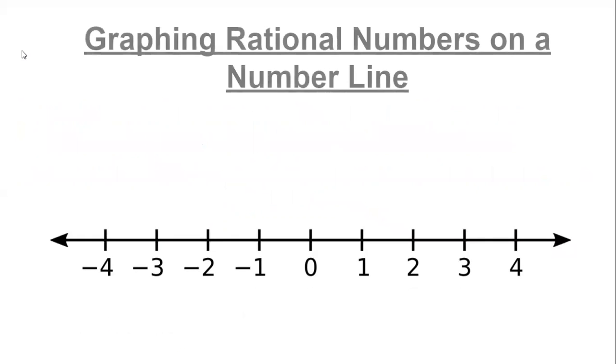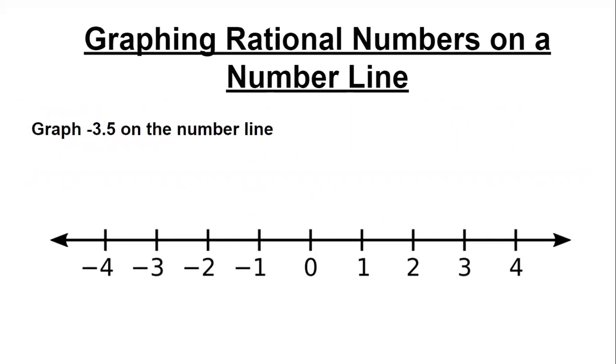Here's our number line again. So let's graph -3.5 on the number line. Where would that be? So do you think -3.5 would be here or would it be here?